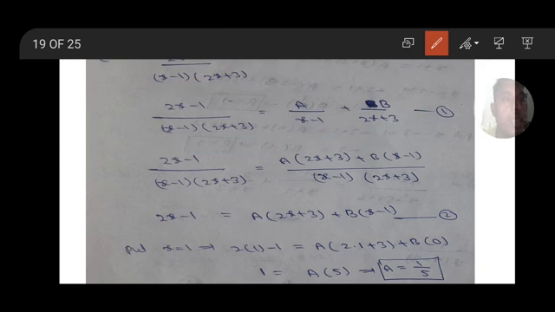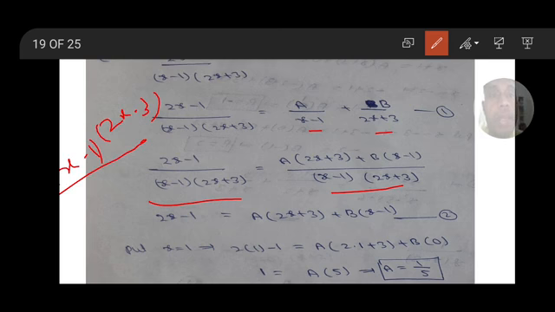And taking LCM on the RHS, LHS is the same. On the RHS, x minus 1 into 2x plus 3 is the LCM. If you divide this LCM by x minus 1, we get 2x plus 3, so the numerator is a into 2x plus 3.